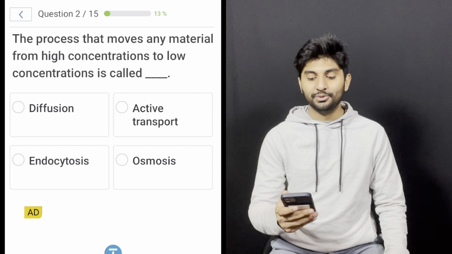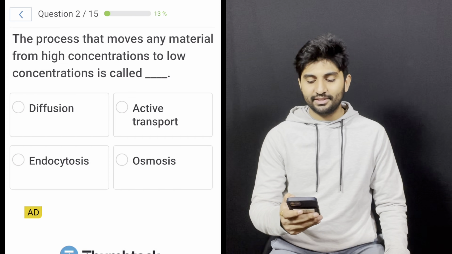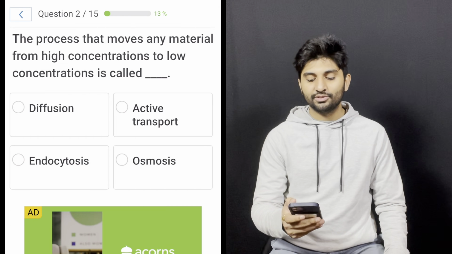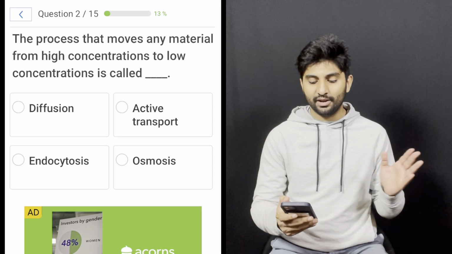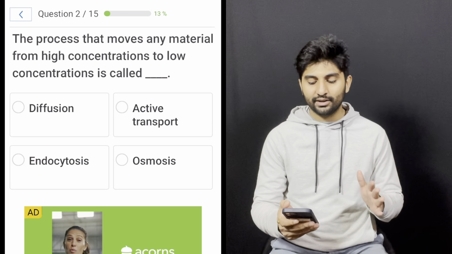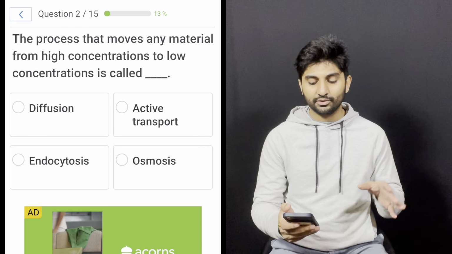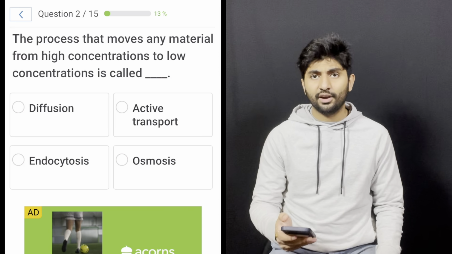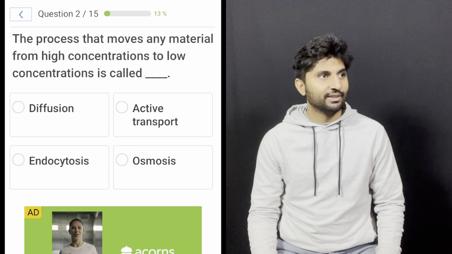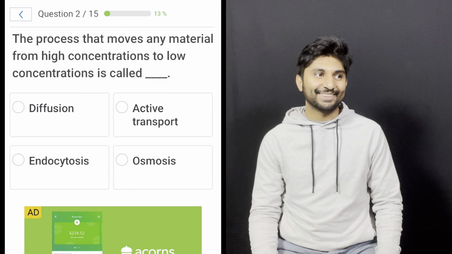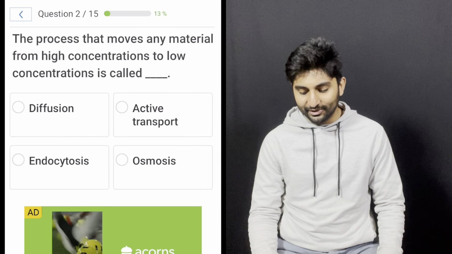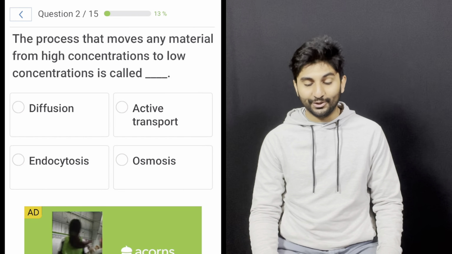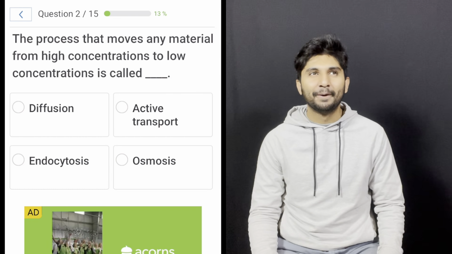Question 2. The process that moves any material from high concentrations to low concentrations is called: diffusion, active transport, endocytosis, or osmosis. I'm going to say osmosis. Osmosis has directly to do with water, right?